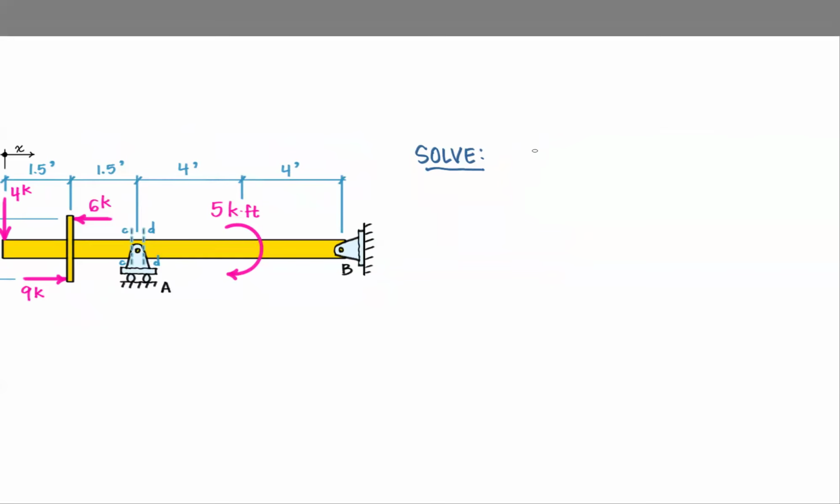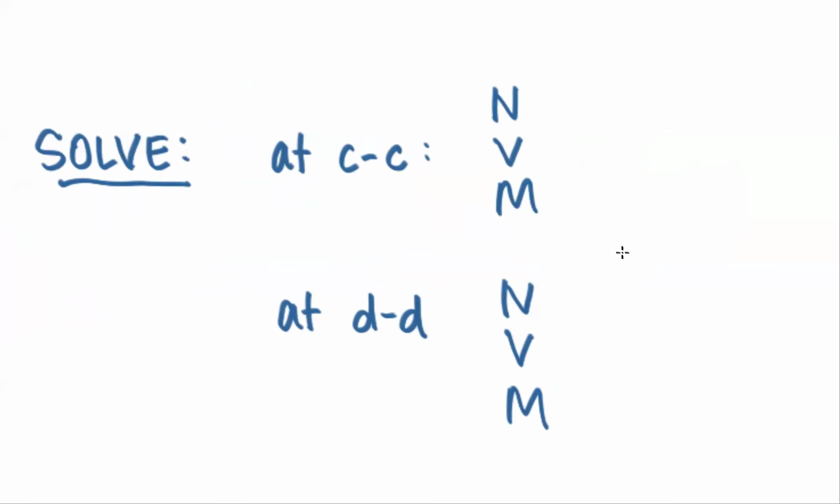So we want to solve for at C. We want to solve for N, V, and M, normal force, shear force, and bending moment, and at D, solve for the same thing. And since we're solving for multiple planes, we want to show subscripts.